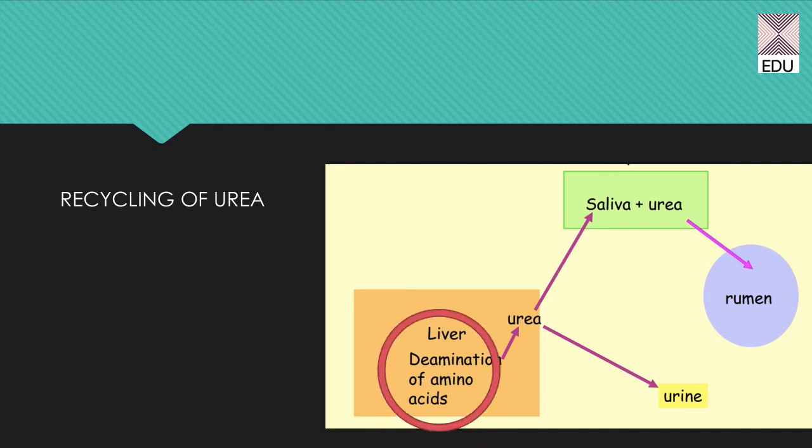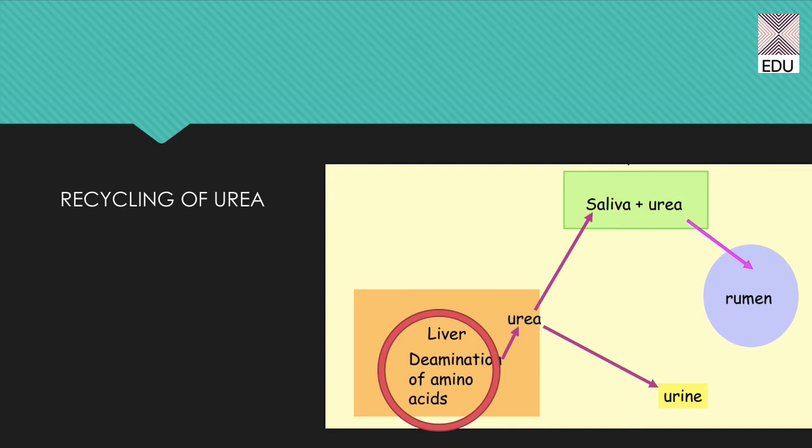First of all, in the liver, deamination of amino acids occurs. Now these amino acids may be from the bacterial proteins, as we have discussed in the earlier slide, that the bacteria use urea for making bacterial proteins, and those bacterial proteins are digested.